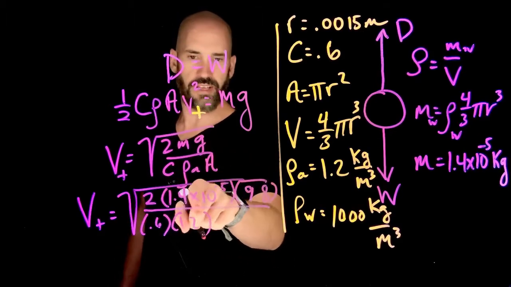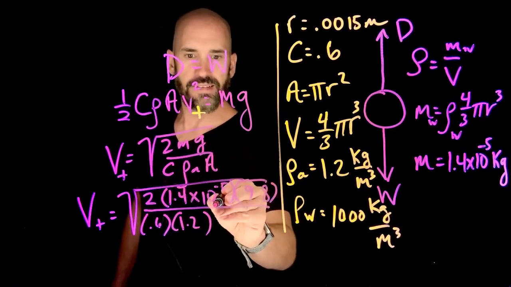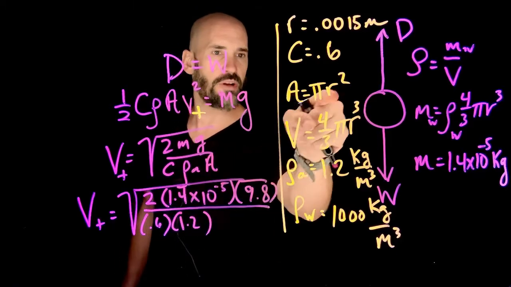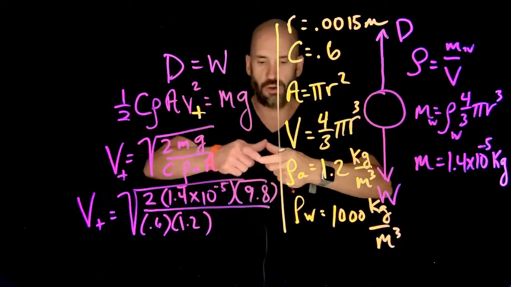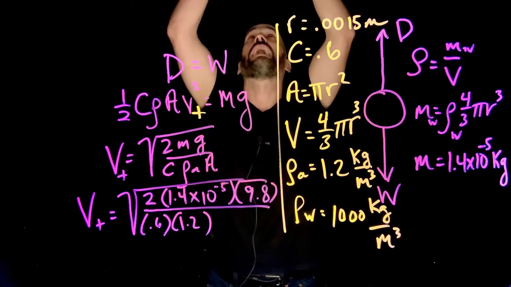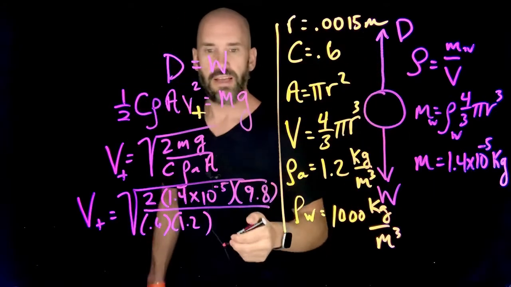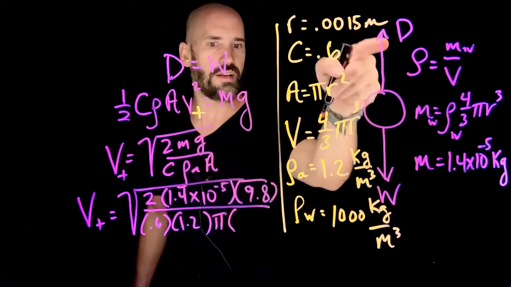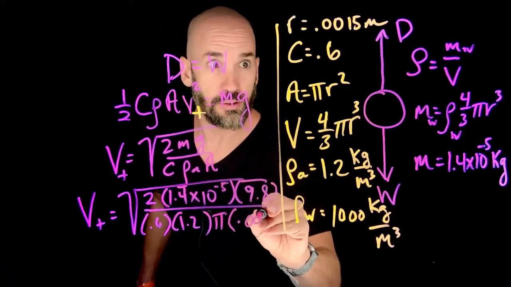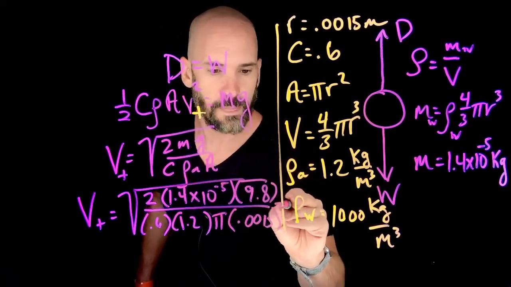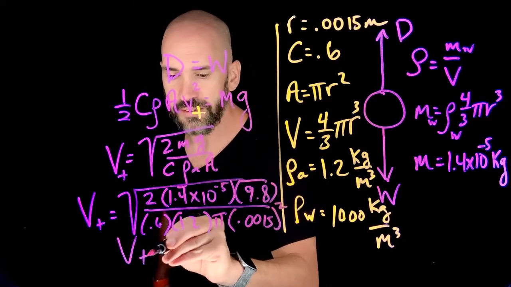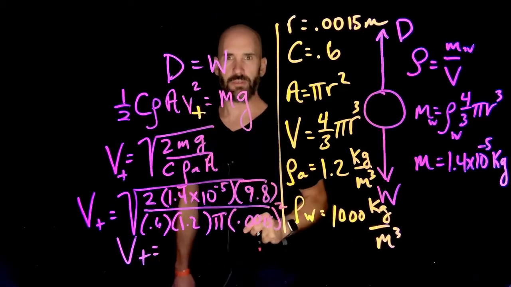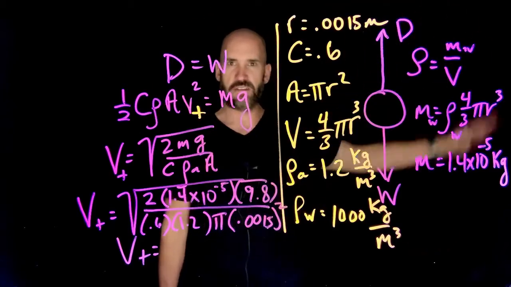For the sake of space, I'm not going to put the units. It's a sphere, so the cross-sectional area, as you see it coming down, is just a circle, right? So that's pi r squared, and the r, again, is 0.0015 squared.